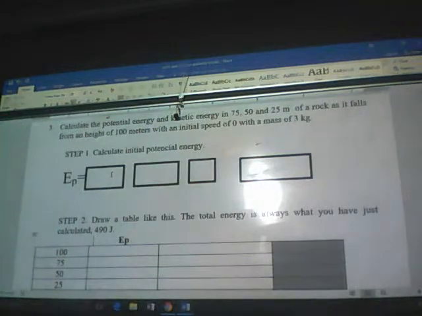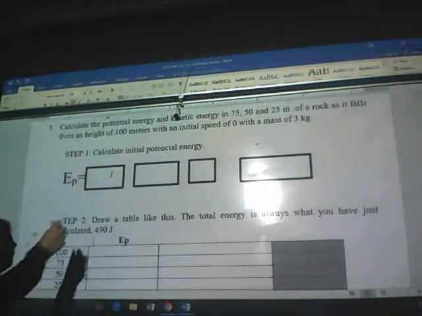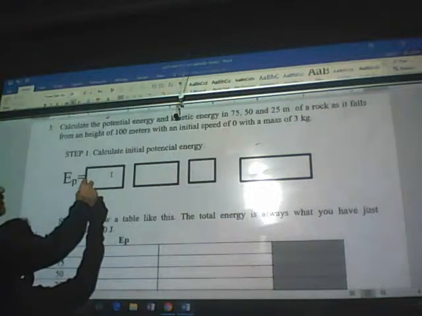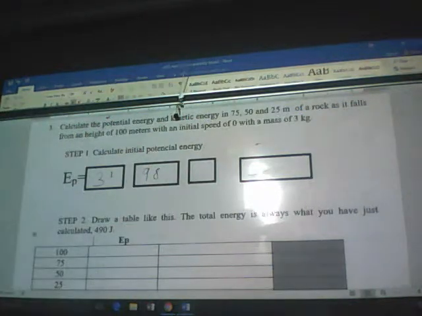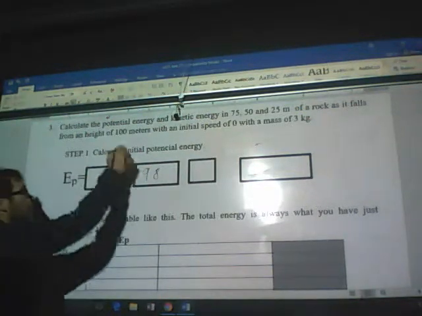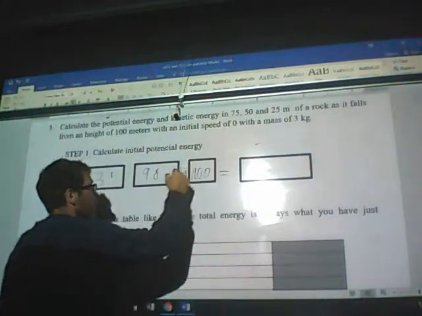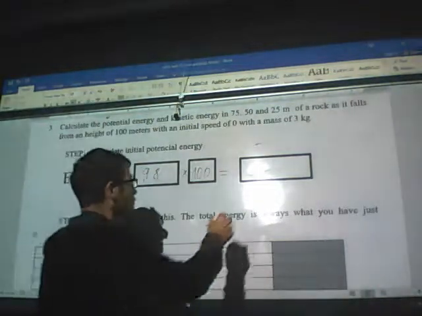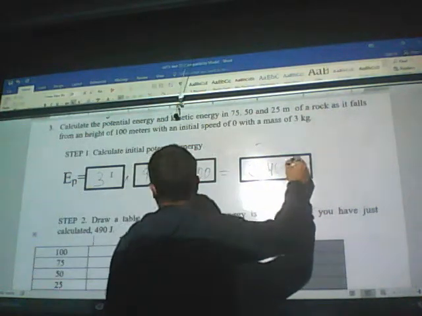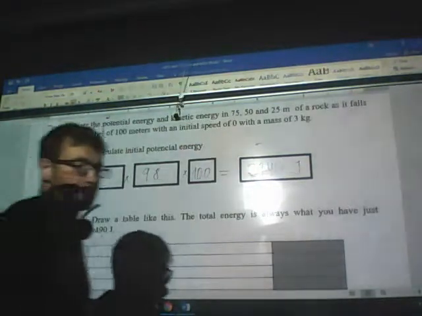So when something is falling, you have to calculate first the potential energy, okay? That is the mass. Mass is 3, G, 9.8, and 100 meters, okay? Okay, that's the initial energy.